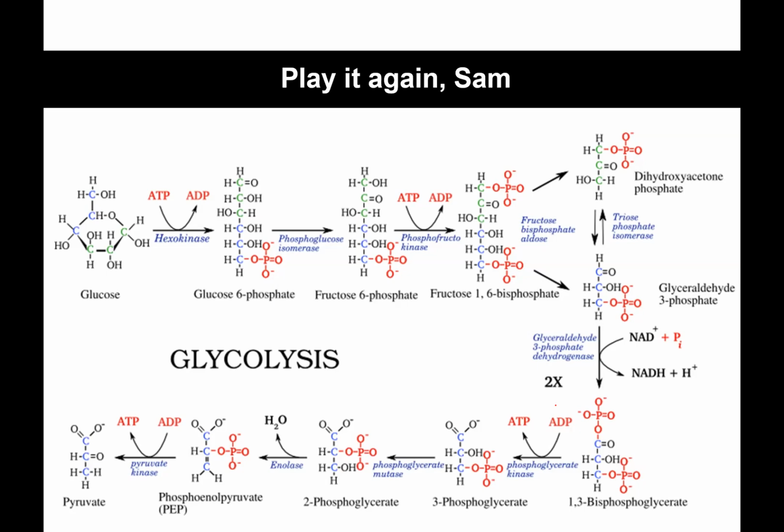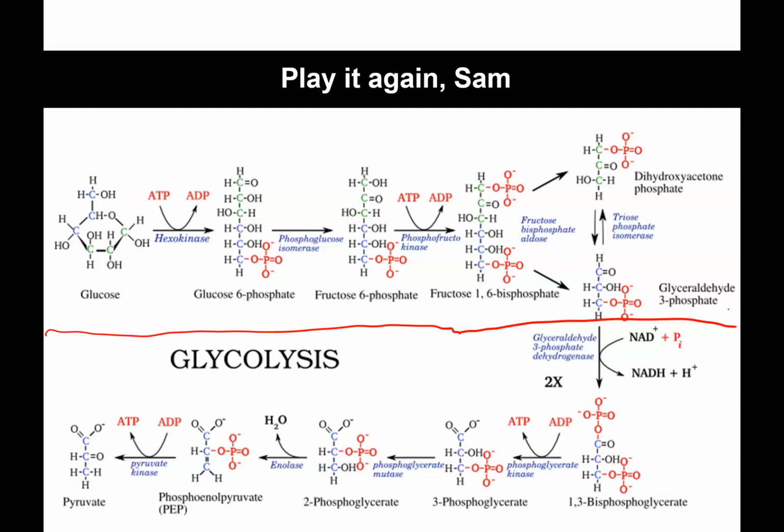This certainly highlights the consumption of ATP in the preparatory phase. And this kind of breaks it in a different way. This gives us sort of a top and bottom, preparatory and payoff.